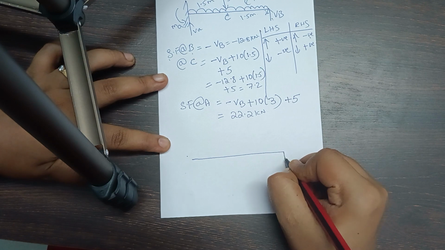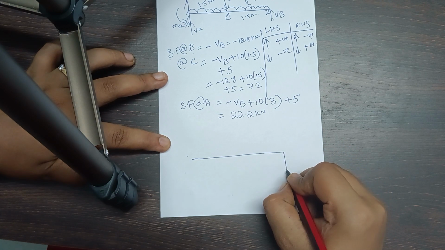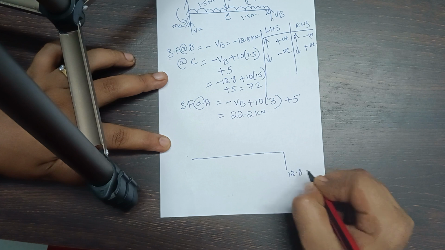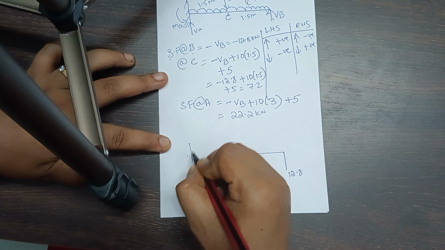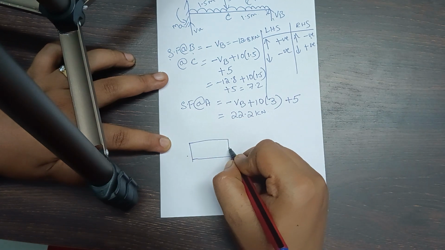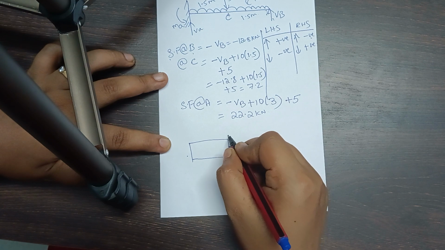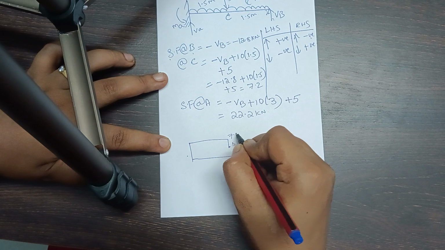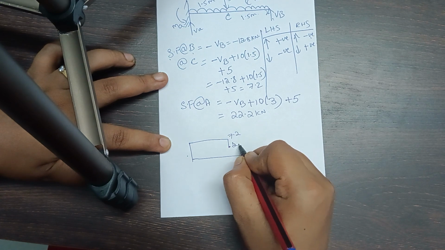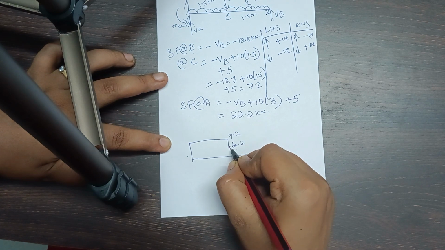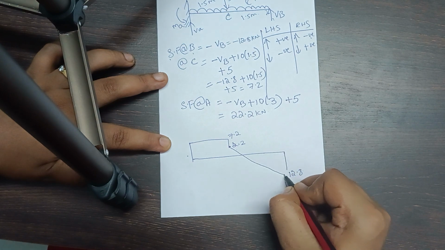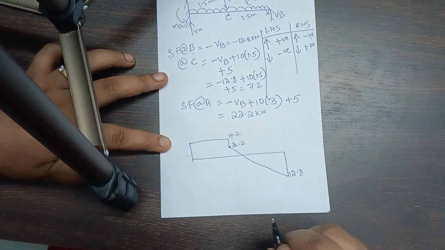So this is the shear force for the overall thing. For plotting the shear force diagram, it is 12.8 here, and then this is 22.2. Now this is 5 kilonewton, so this is 7.2, so this becomes 2.2, and then again here it will be 12.8.